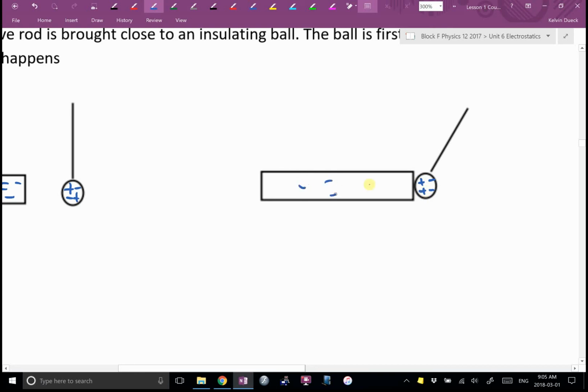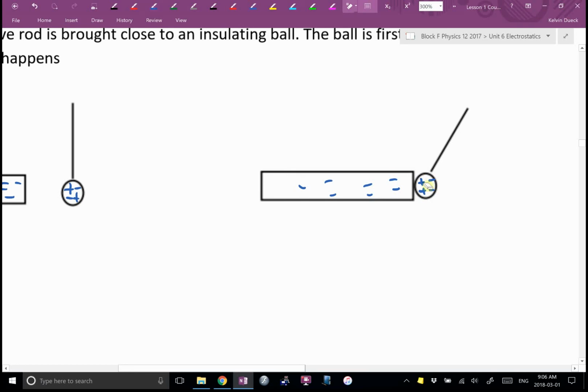Since the positives are closer to the negative rod, their force of attraction is stronger than the force of repulsion from these negatives over here. And so initially, this is why any neutral object will always be attracted to any charged object. This process we call polarization.